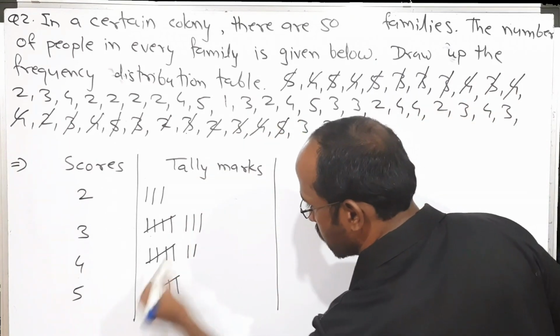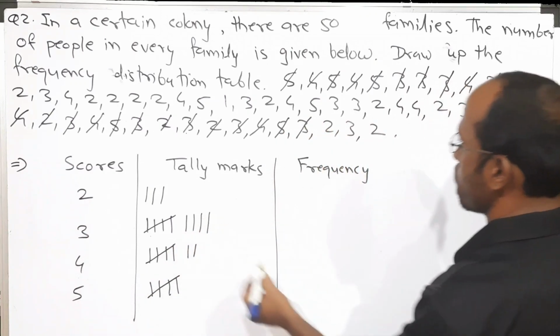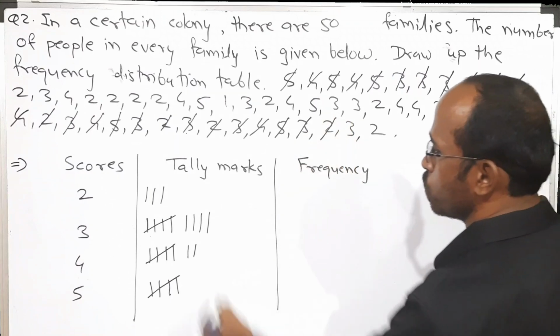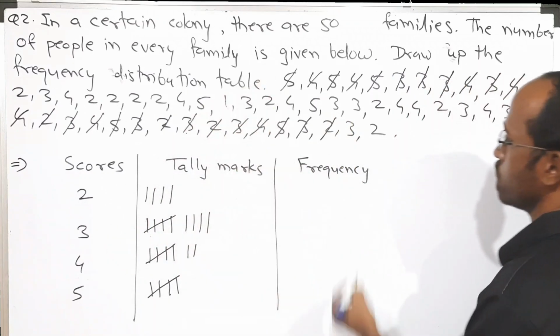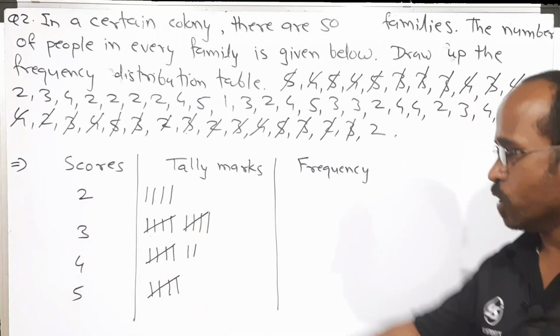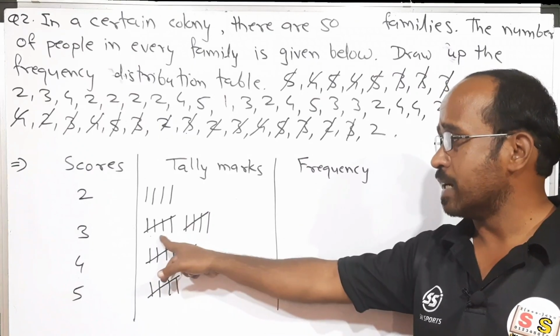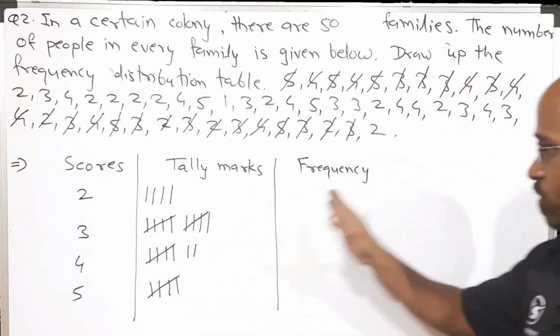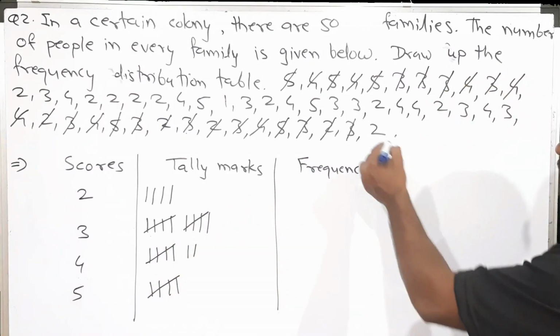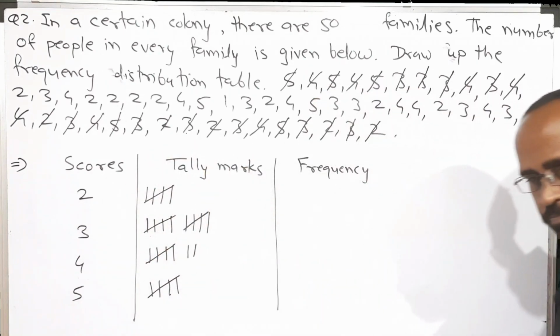It's the fifth line. Got it? 3, 3, 2, 2, 3. Fifth line. See, 2 bunches means a total of 10 tally marks, which we have to write in the frequency table. Again, 2, fifth line, cut it.